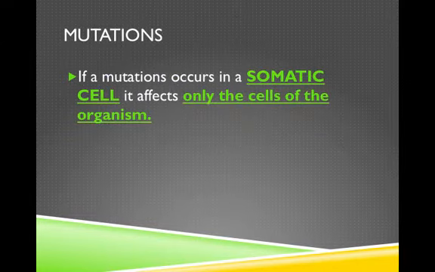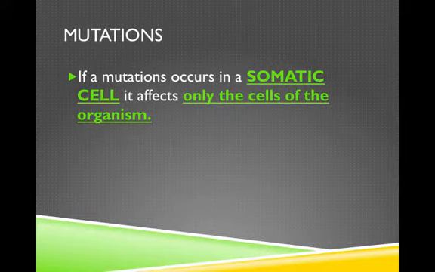If a mutation occurs in a somatic cell, think back, what is a somatic cell? Is it a sex cell or a body cell? If you think that it's a body cell, you would be correct. So if a mutation occurs in a somatic cell, it affects only the cells of the organism.